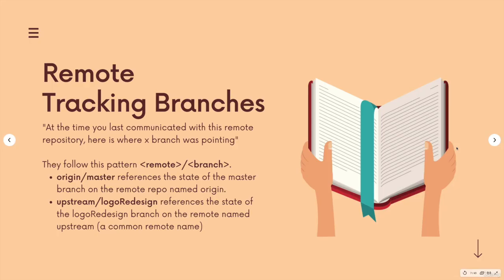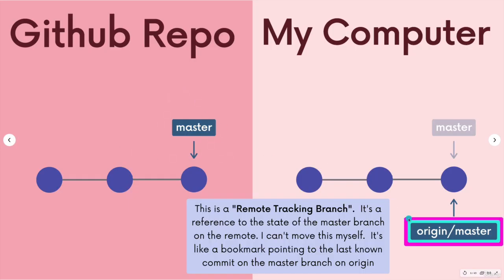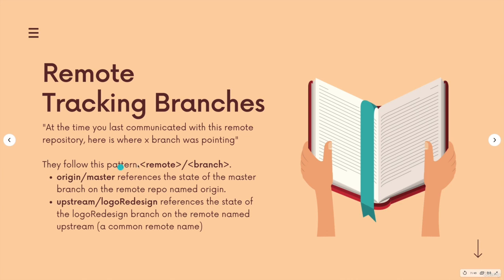So to reiterate, this term remote tracking branch, think of it as the bookmark or a pointer that remembers, at the last time you communicated with this remote repo, here is where the master branch or the main branch or the purple branch was pointing on that GitHub repo, on origin. So they follow this pattern, remote/branch name. Git names them for us. As we talked about, origin is a very common remote name.